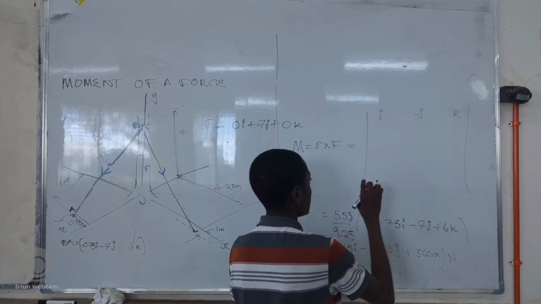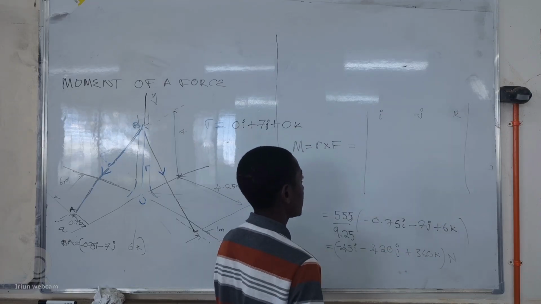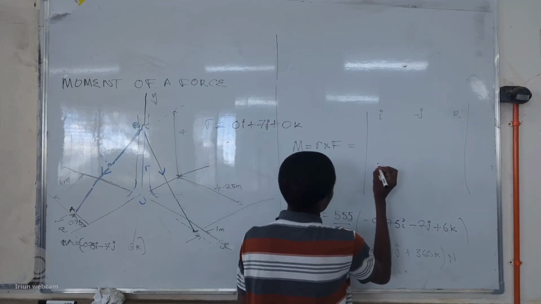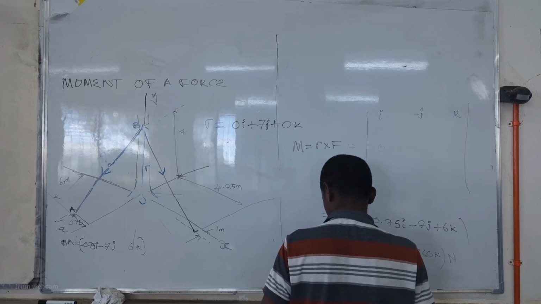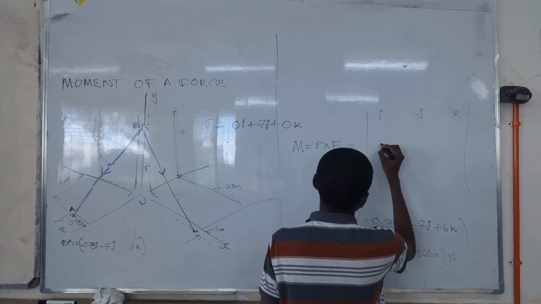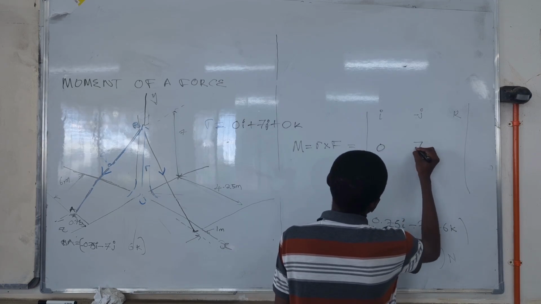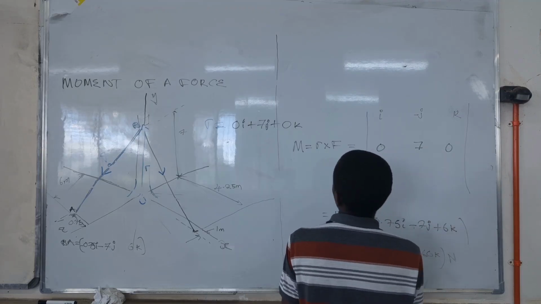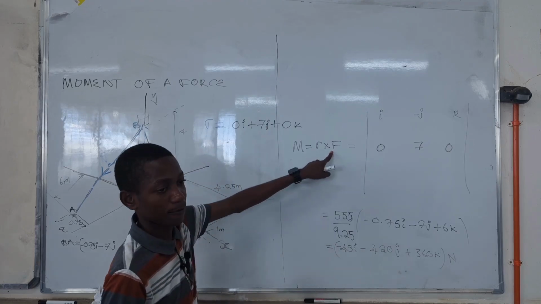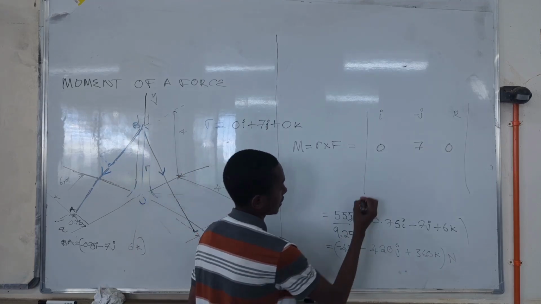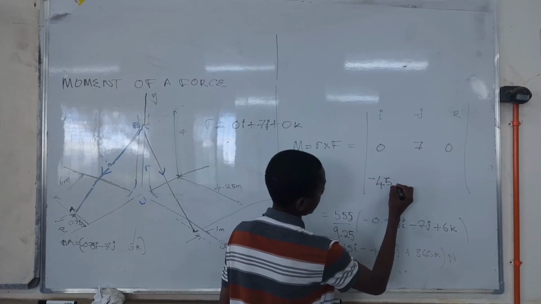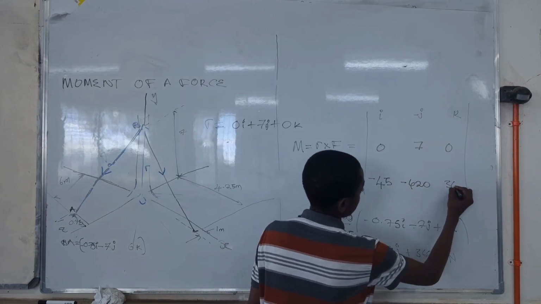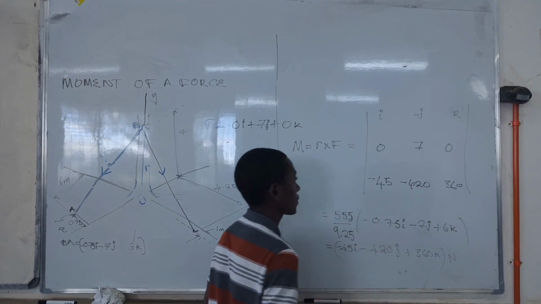The second row is R, which for this one is 0, 7, 0. And our F finally is negative 45, minus 420, 360.